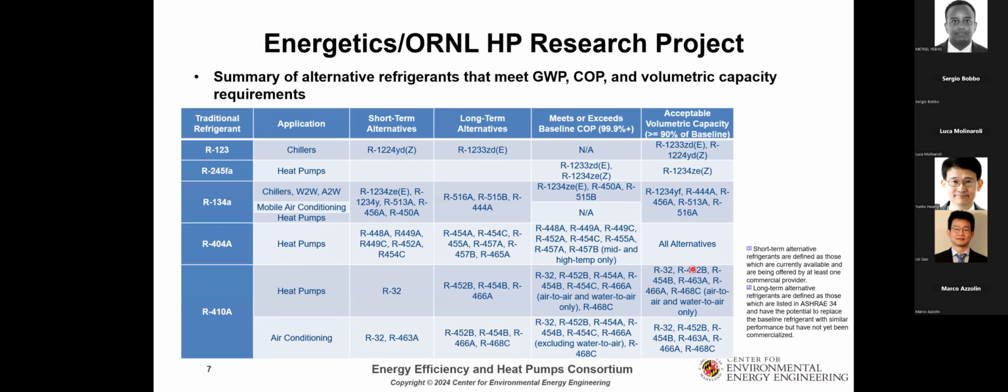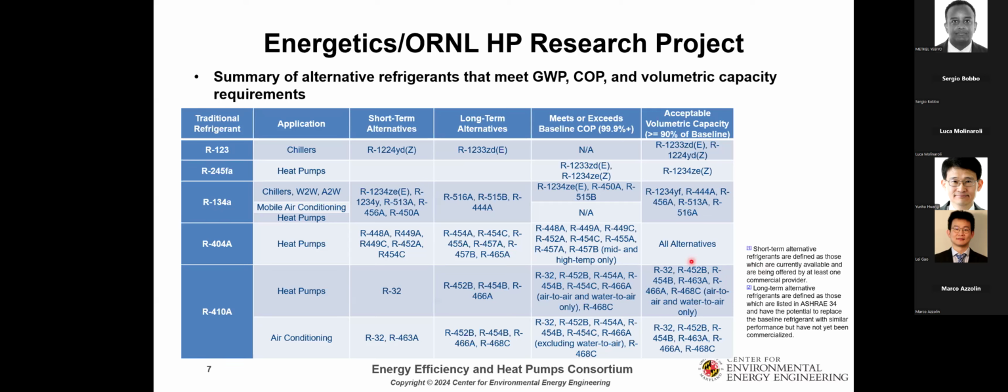And here, this table shows the different refrigerant categories for the different lower GWP alternatives for thermodynamic performance evaluation, which is comparable in terms of different applications for the current baseline design.